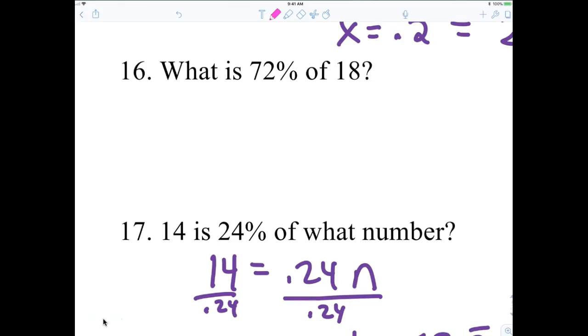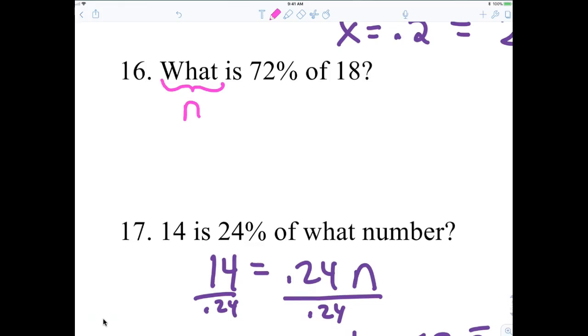Yes, but the first thing is, listen, Allison, I want you to translate it for me. When they say what, the first thing that comes to mind is the variable. So when somebody says what, you're going to put down n. Is, Allison, always means what?